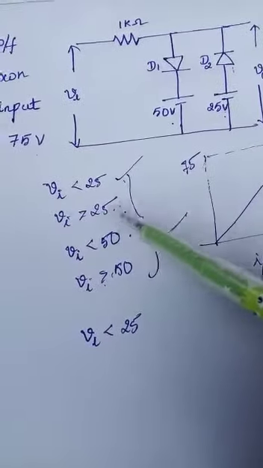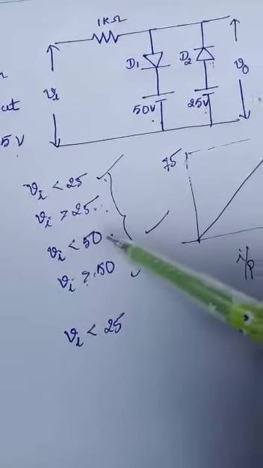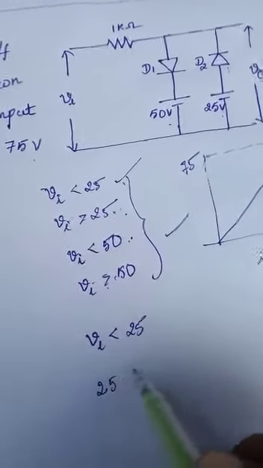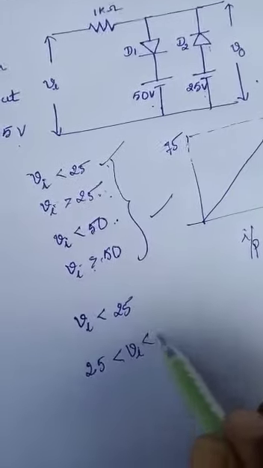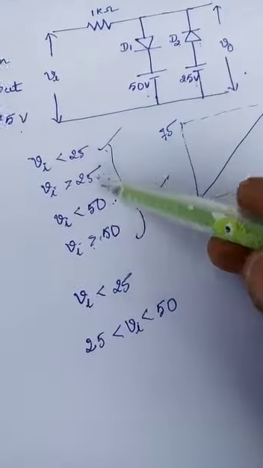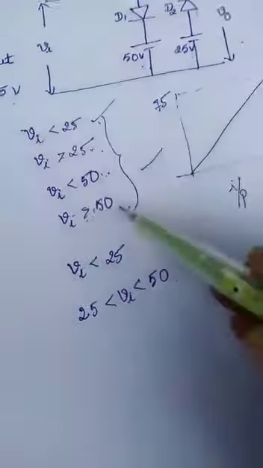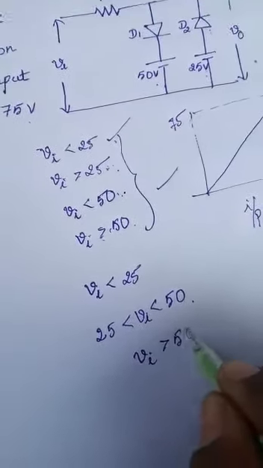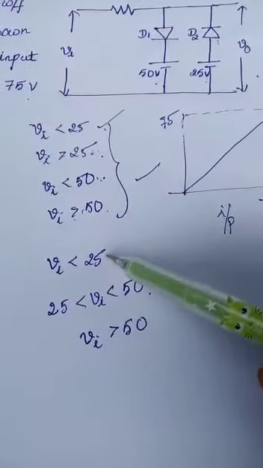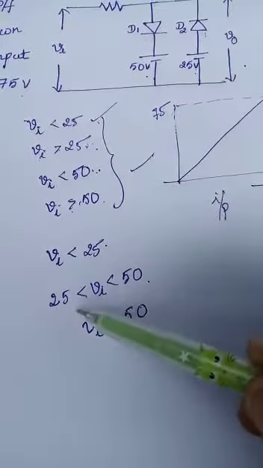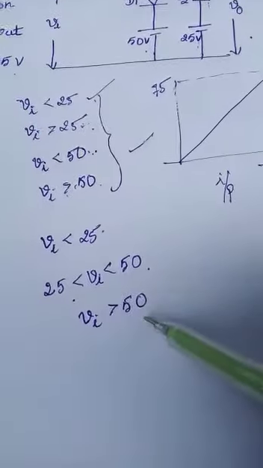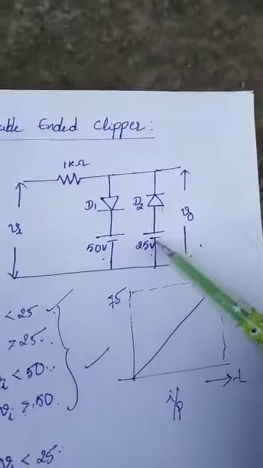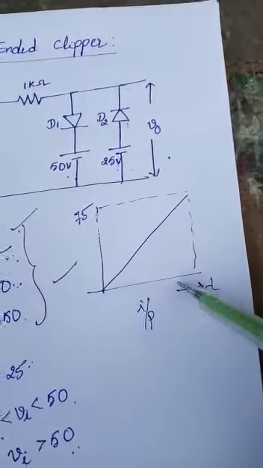So I am going to combine the second and third conditions as 25 less than Vi less than 50. In such a way I combine these two cases into a single case, and the fourth condition is the same as it is, that is Vi greater than 50. So the four conditions are minimized into Vi less than 25, 25 less than Vi less than 50, and Vi greater than 50. Now within these three conditions we have to check the operation of this double-ended clipper for the given ramp input signal.